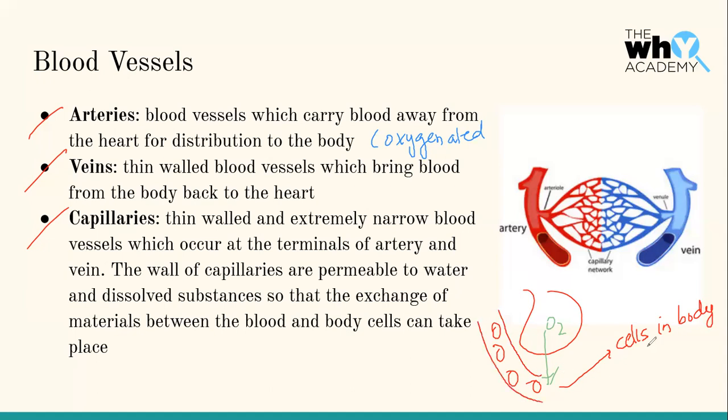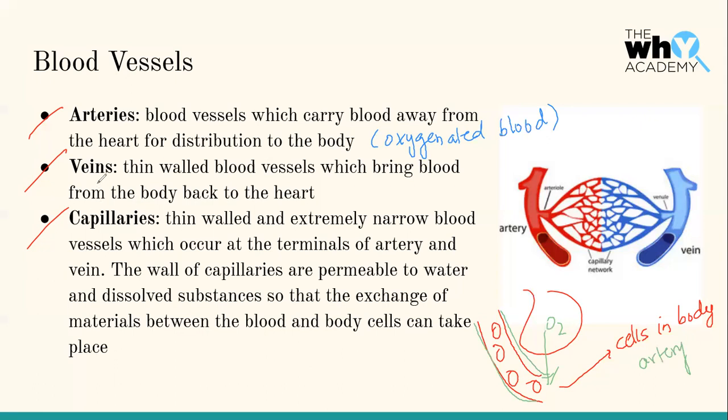This blood is called oxygenated blood, and the blood vessel which carries this oxygenated blood is called an artery. This is blood in which the hemoglobin has taken up the oxygen, where the oxygen is attached. Most of the arteries carry oxygenated blood. There is one exception, which we will see when we do the heart: one artery which carries deoxygenated blood and one vein which carries oxygenated blood.